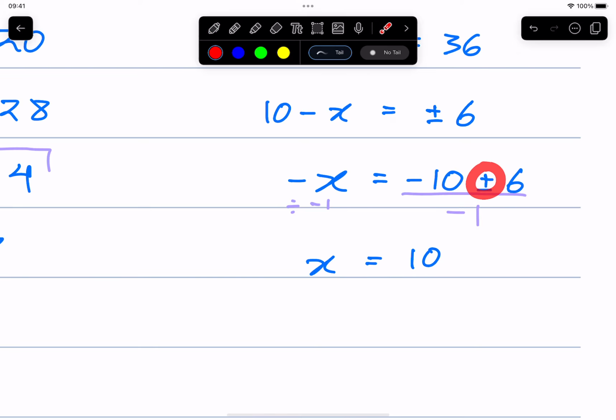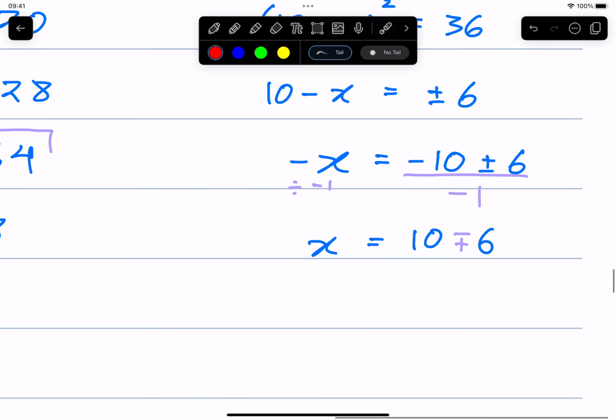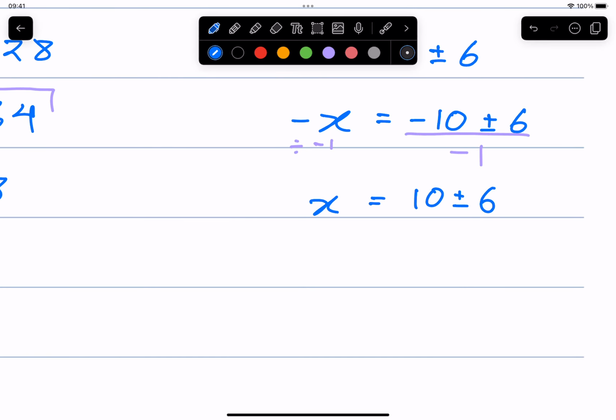And the plus minus, since it's actually just both of them, they're both positive and negative. If you were to switch it, technically, it should become minus plus 6, but this is used for a very specific purpose. In this case, whether it's plus minus or minus plus, it won't matter. So you can just leave it as plus minus 6. So our two solutions for this are 10 plus 6, 16, and 10 minus 6, which is 4.